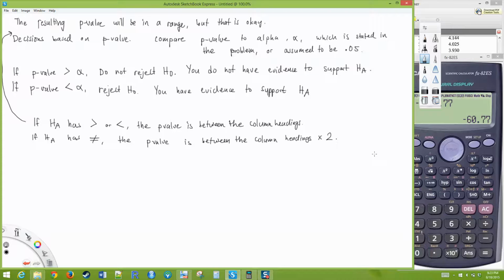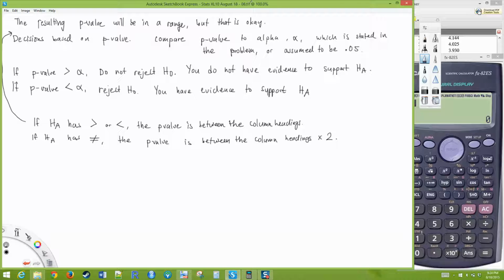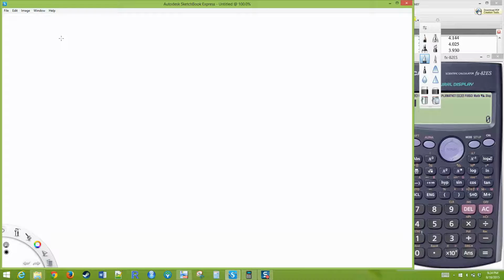So I'll let you guys get this copied down, and then let's try an actual problem here. Is this all right? Go back. All right, sure.